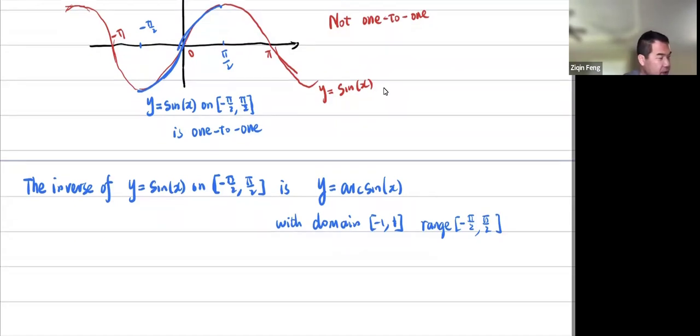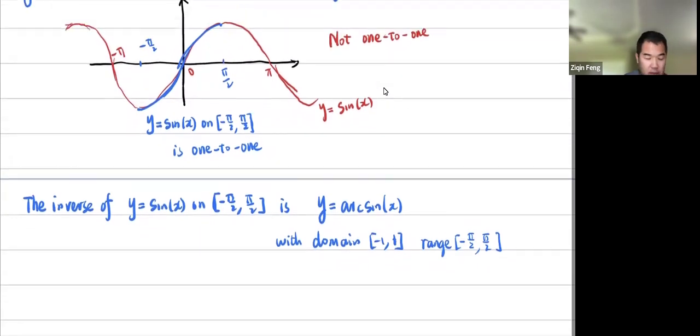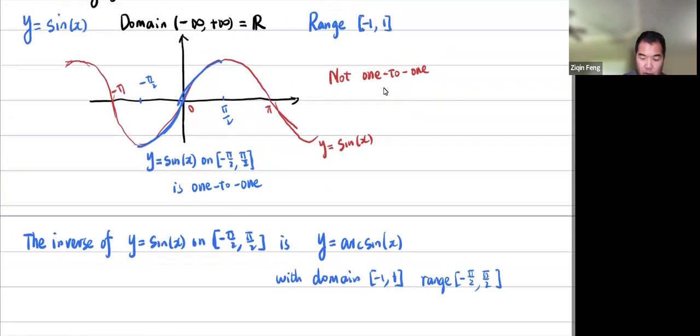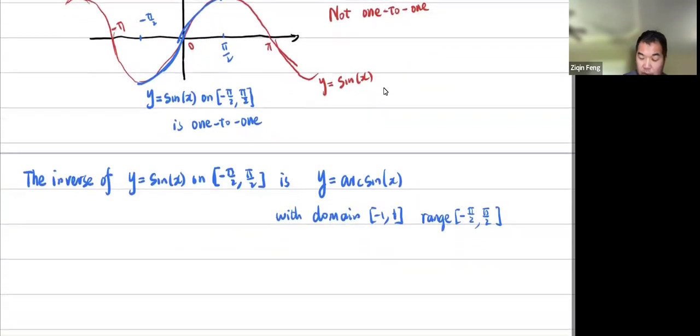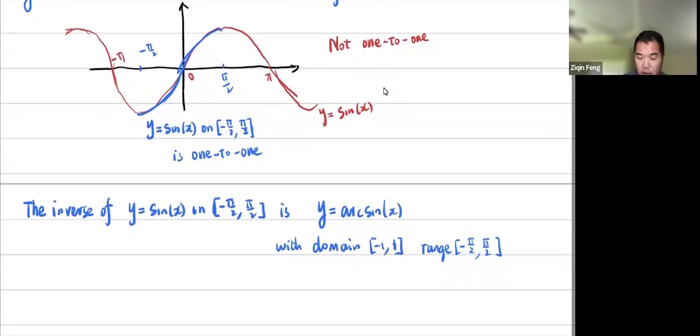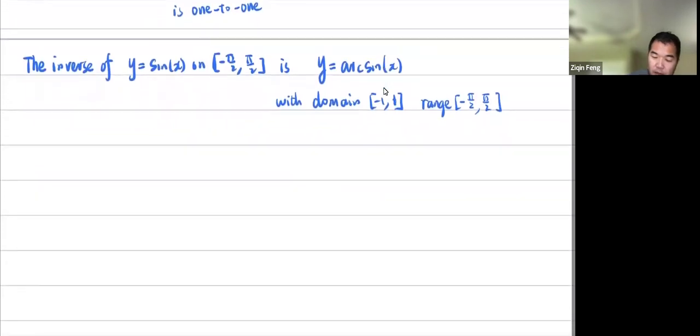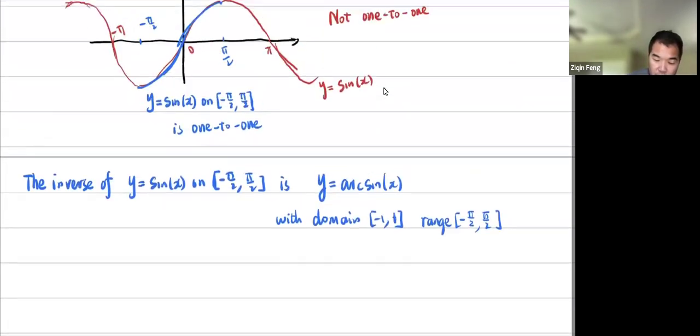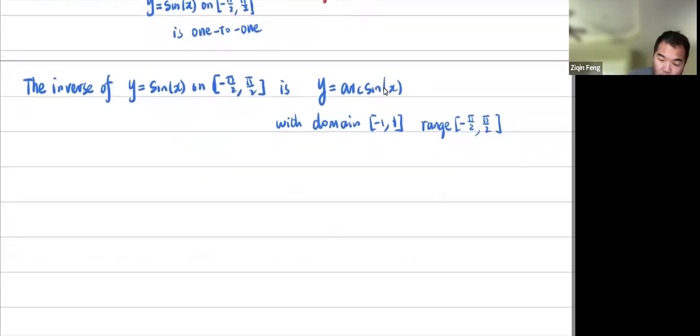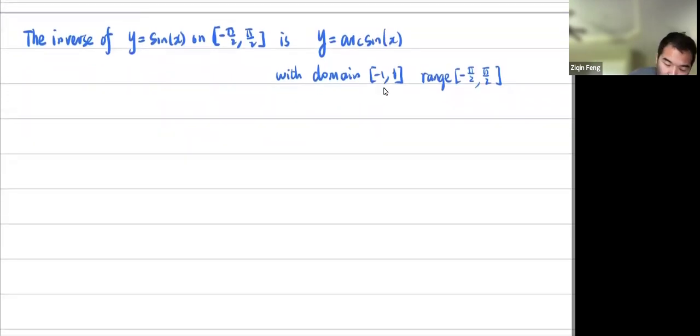Okay, so let's see the arctangent function, the second inverse trig function we will use. Start from the tangent function, y equal to tangent of x, equal to sine of x over cosine of x.